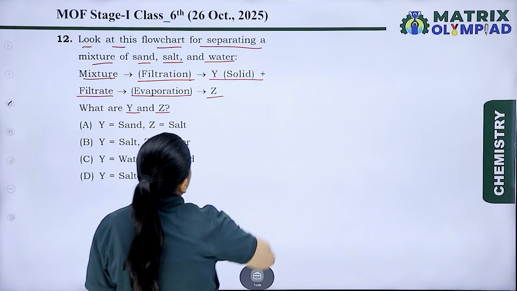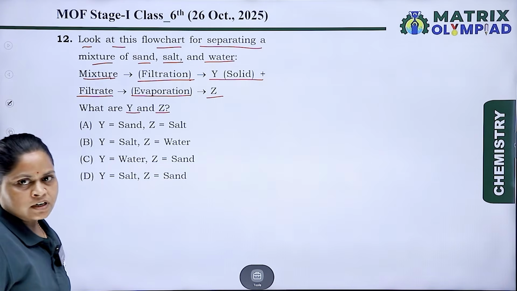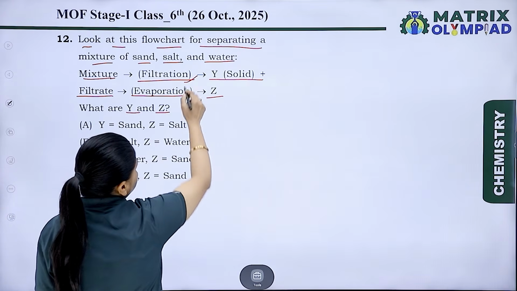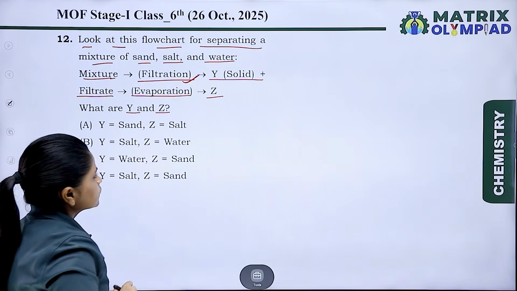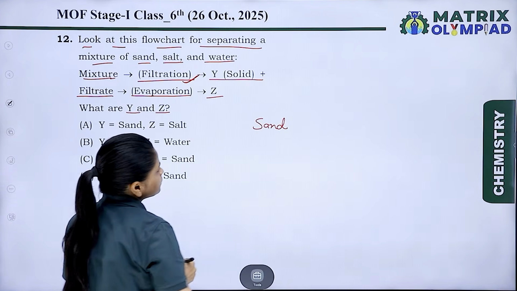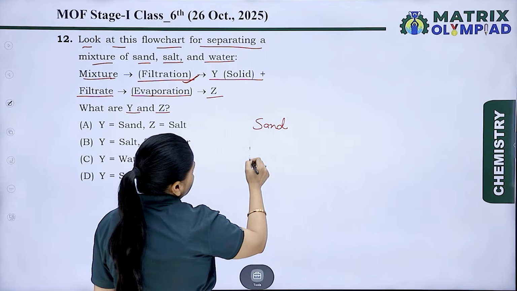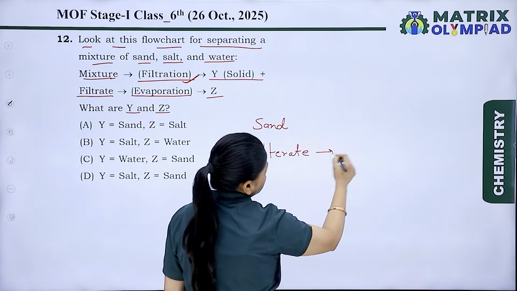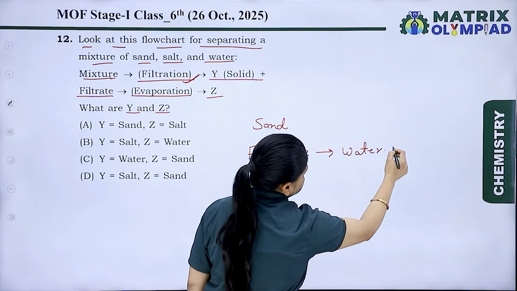As we know, the mixture of sand, salt and water, first of all we have to filter it. Filtration is done, so we get sand first, and as a filtrate we get water plus salt.